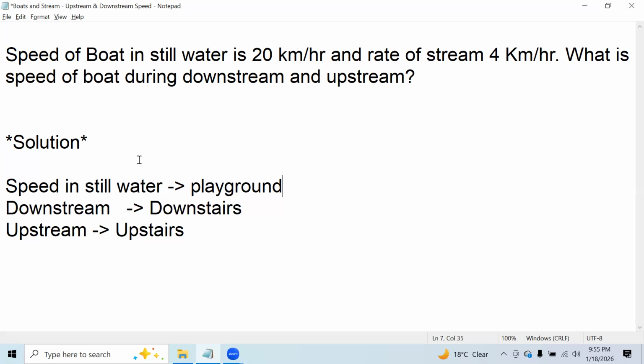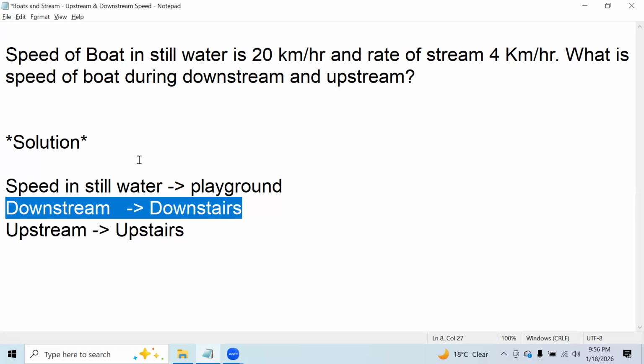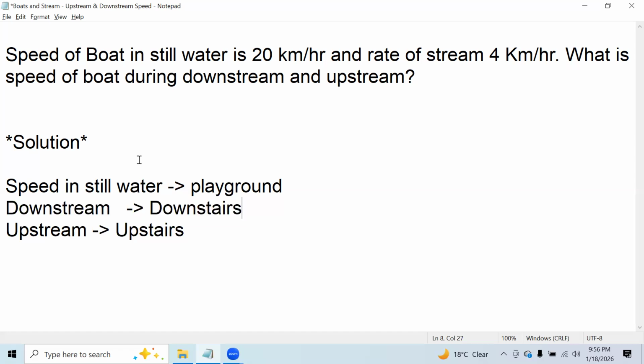Now imagine that if you are running on the playground, you have a certain speed, let's say 10 km per hour. Now imagine you are going down, from your fourth floor to the ground floor. Will your speed increase or decrease? Definitely, we know that going downstairs is always easy as compared to going upstairs.